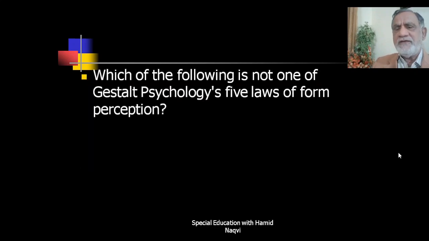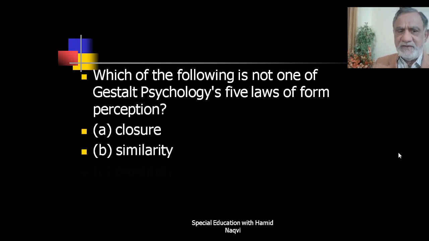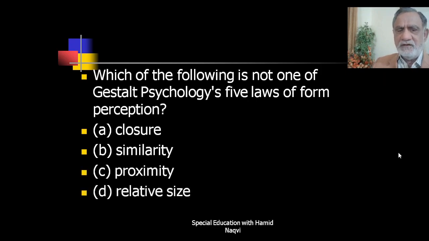Which of the following is not one of the Gestalt psychology's 5 laws of form perception? Closure, similarity, proximity, or relative size? The correct answer is D, that is relative size.